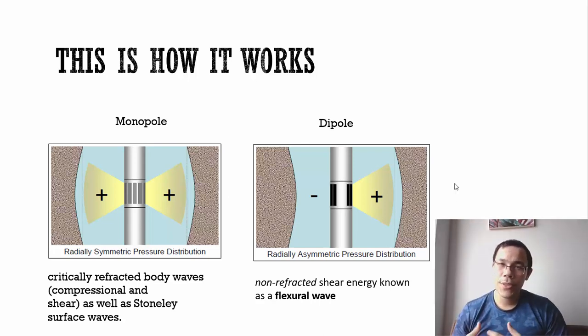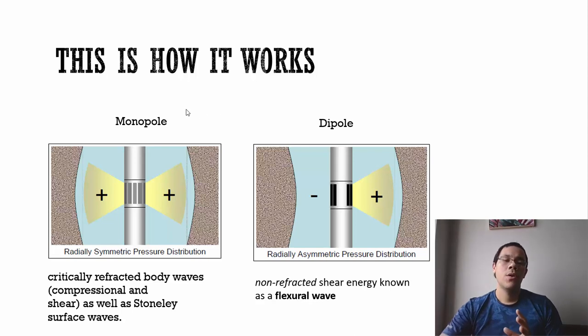When you're talking about acoustic tools, you mostly will hear these words: monopole, dipole, compressional, shear, and Stoneley waves, flexural waves. So the main point here is the type of transmitter. You have a monopole transmitter or a dipole transmitter.